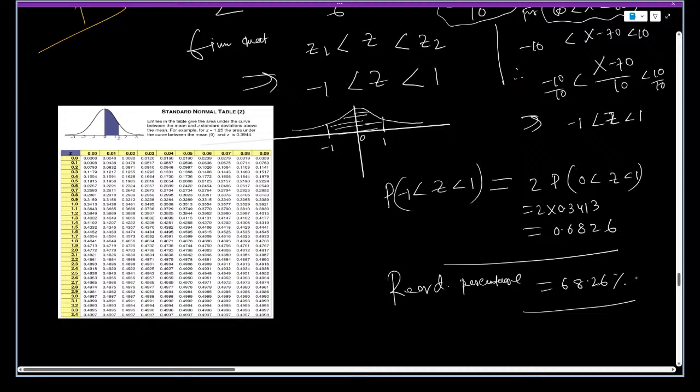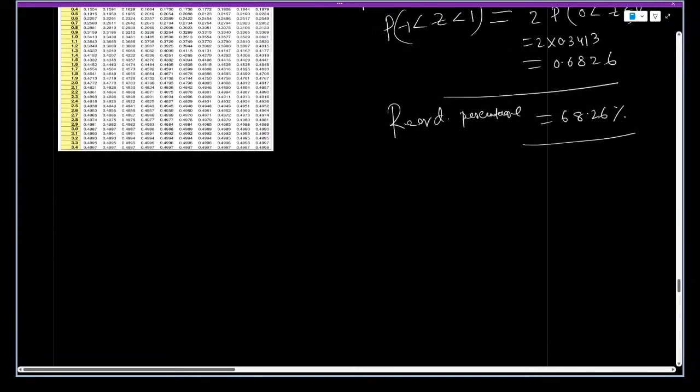This is required by a teacher or administrator. The director of the academy has asked you to find this: the mean score of the students is 70 and the standard deviation 10. On this basis, you tell the percentage of students who scored between 60 and 80. This parameter was settled by someone and you have worked on it. So your answer will be 68.26.